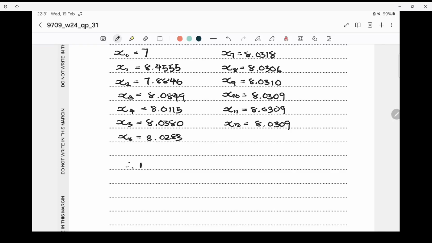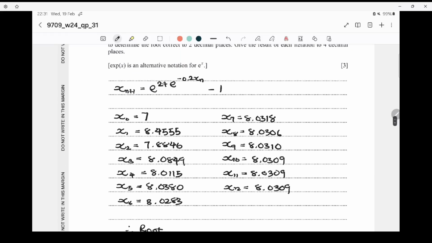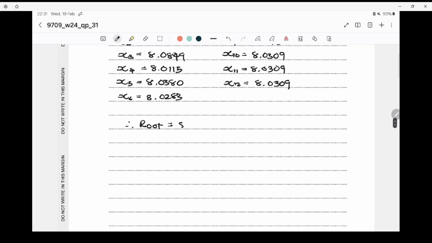Therefore, the root, you just need 2 decimal places, is 8.03.